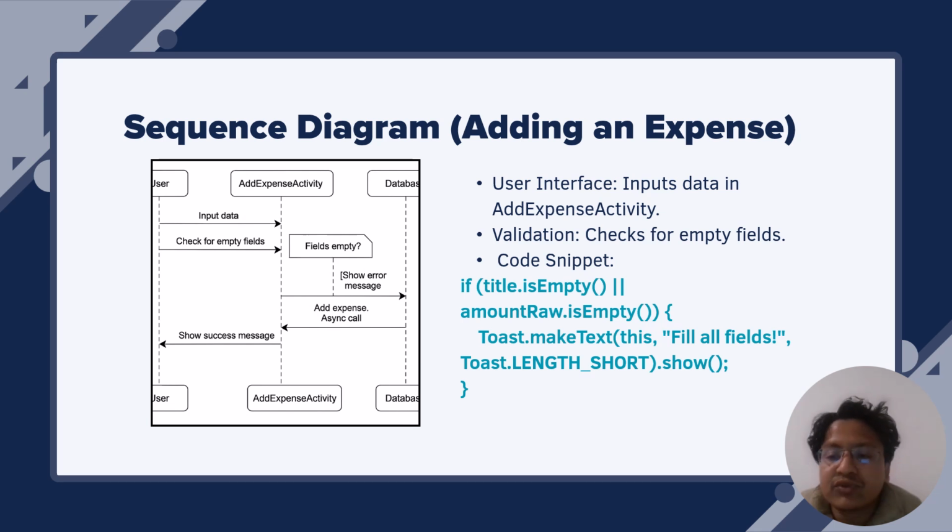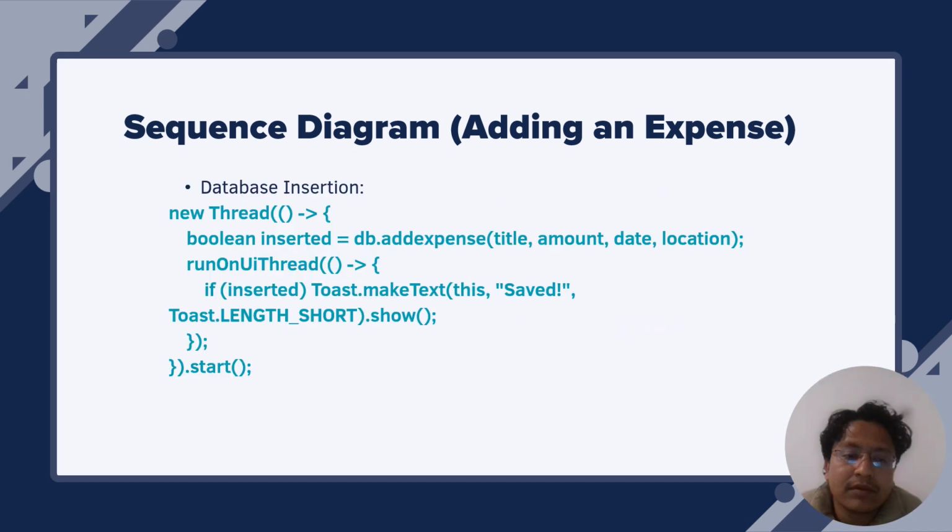This sequence diagram shows Personal Expense Tracker's flow: the user inputs data, validation checks it, and the database updates, all in milliseconds. This is another sequence diagram: database insertion.